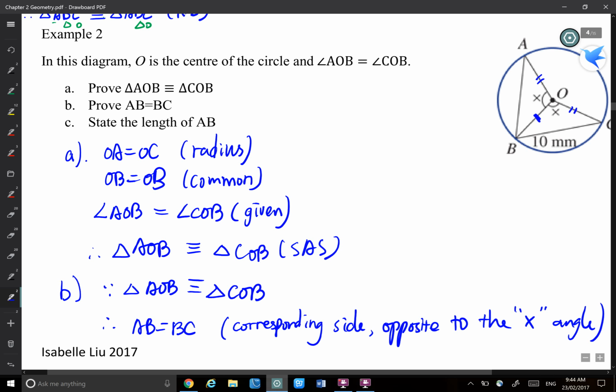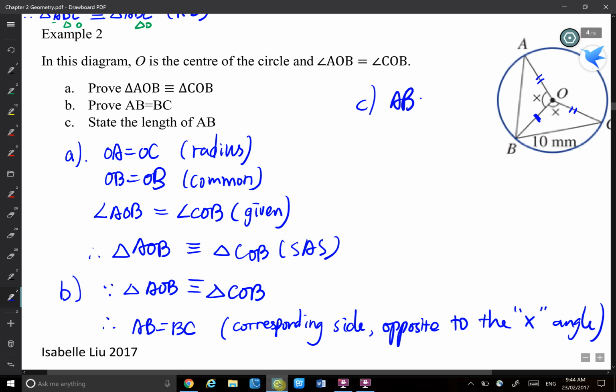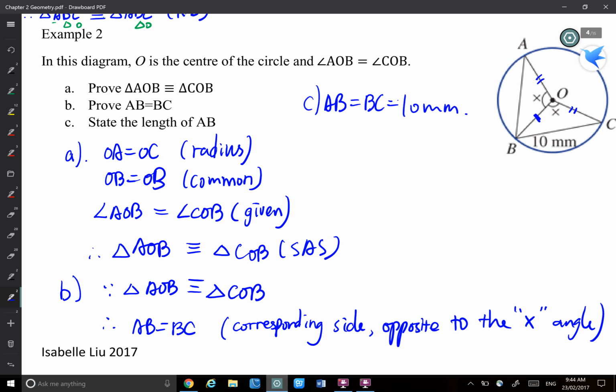Then state the length of AB. So AB equals BC equals 10 millimeters, I think. You prove they are congruent, and then the corresponding sides must be equal. From the congruence, you can say corresponding angles are equal, and you will say that length equals that length.